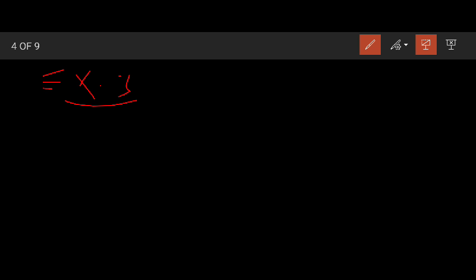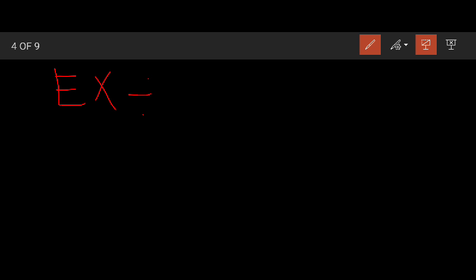Which number to which number will we divide? The product divided by the other number. In example 2, the product was given and one number given, so we divided the product by one number. Example 3 also, the product is given and the other number is given. So what will you do? We divide the product by the number.